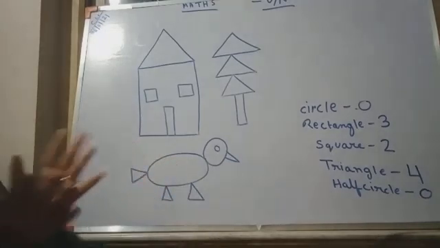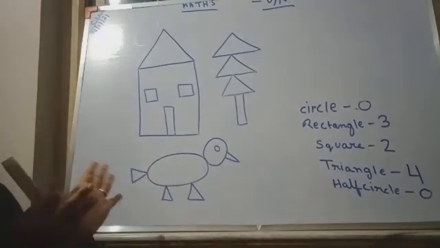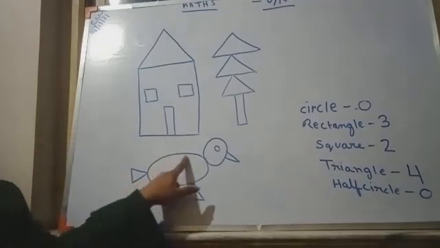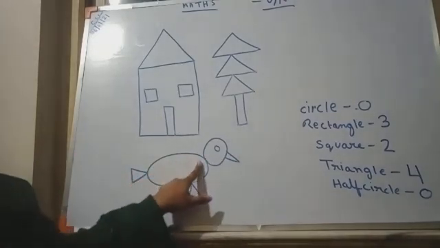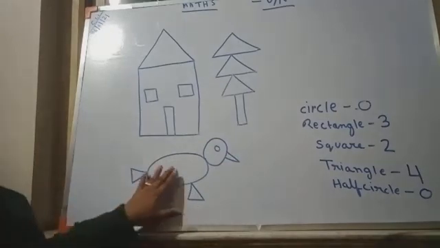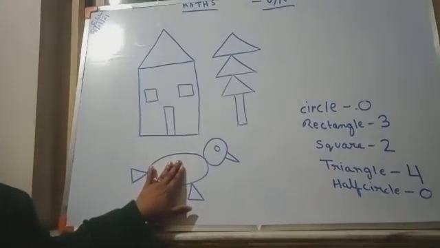See this bird. You have to just count the circles, triangles, rectangles, everything, and write it there. So how many ovals are there? 1. See, this one is an oval shape. And this drawing is very easy. You can also draw it in your copy.